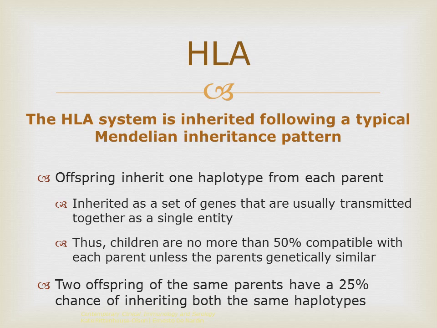These haplotypes are inherited as a set of genes that are usually transmitted together as a single entity. As children have no more than 50% compatibility with each parent unless the parents happen to be very genetically similar. Two offspring of the same parents have approximately a 25% chance of inheriting both the same haplotypes.